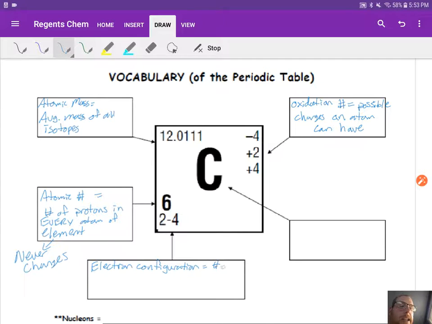Basically, it's telling us the number of electrons in each energy level, and if we add the numbers together, we get the total.